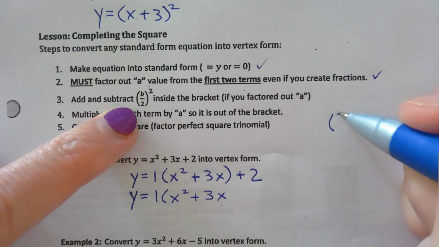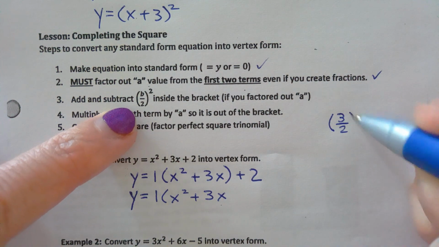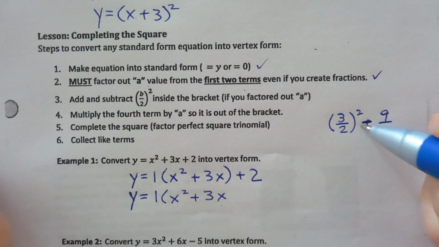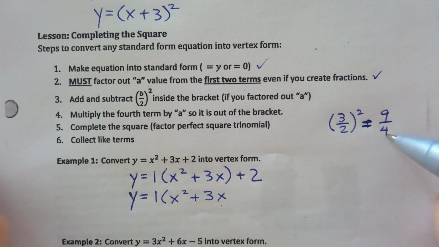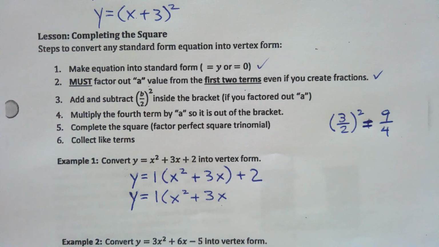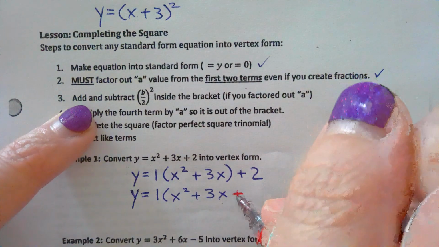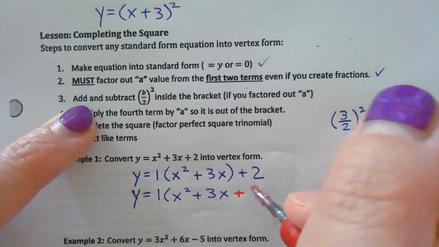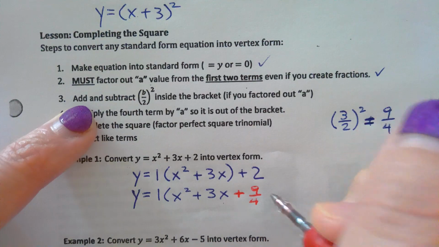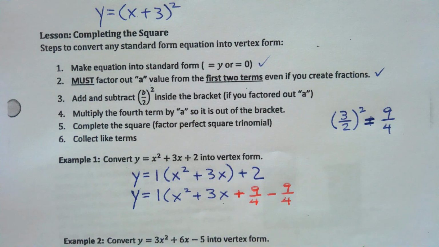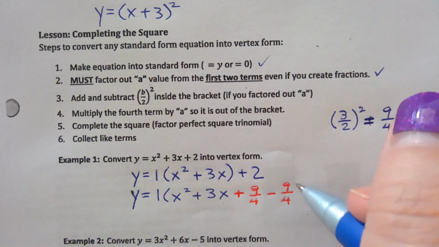So 3 over 2 squared equals 9 over 4. This is the tricky part. You have to add and subtract that value. So plus 9 over 4, and then minus 9 over 4, as if we didn't do anything. Like I'm adding 5 and then subtracting 5, so I haven't done anything.